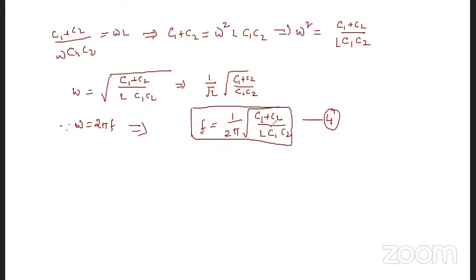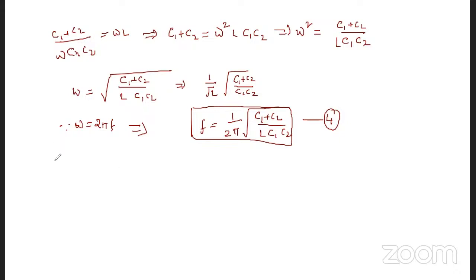So this condition is called the frequency of oscillation. Otherwise, we can call it the condition of maintenance of oscillations. So this is the Colpitt's oscillator frequency that we have. By equating the imaginary part, we have got the condition of maintenance of oscillations.